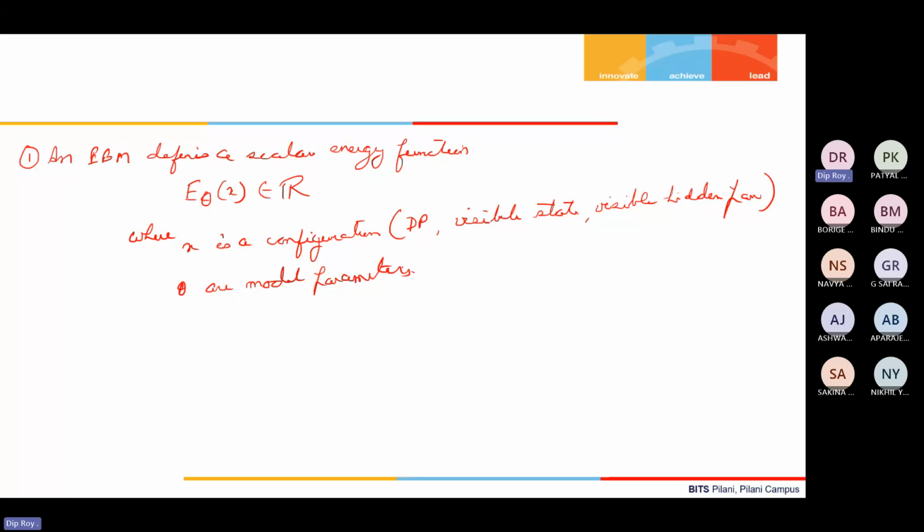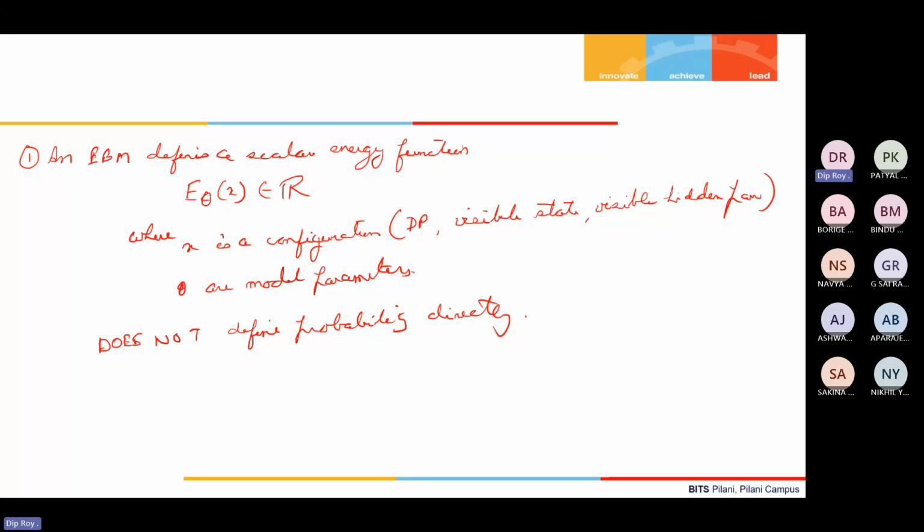Now, note one important thing here. This model, the EBM, this energy function, does not define probability directly.